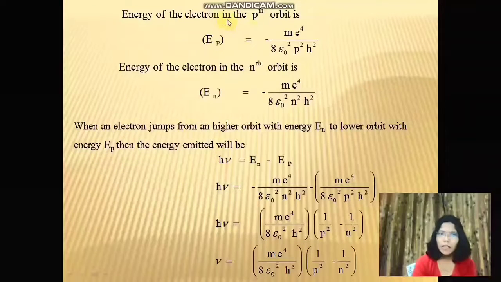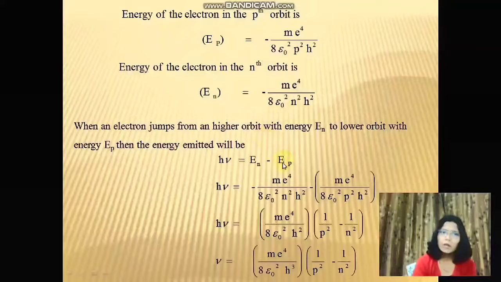The energy of the electron in the pth orbit is given as Ep is equal to minus me^4 upon 8 epsilon 0 square p square h square. Energy of the electron in the nth orbit is given as En is equal to minus me^4 upon 8 epsilon 0 square n square h square.